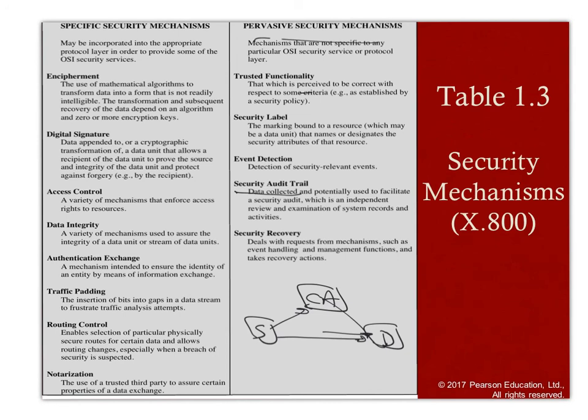Security recovery deals with requests from a mechanism such as event handling and management functions and recovery actions. As we said, detecting events is one thing and recovery from that event is another thing. So detecting lack of integrity or attacks is possible, but sometimes recovery from the attacks may not be as easy as you think.